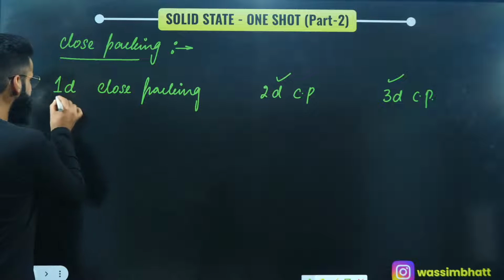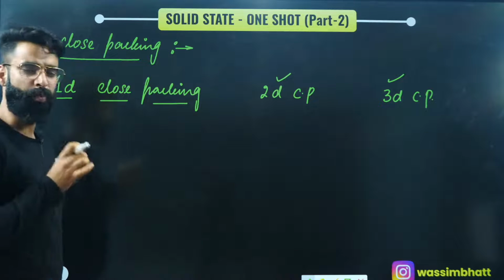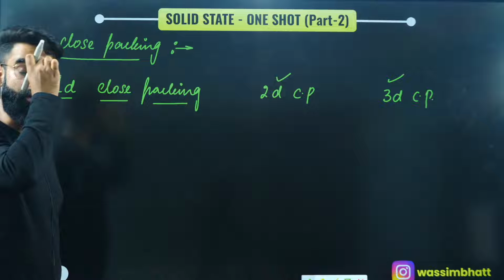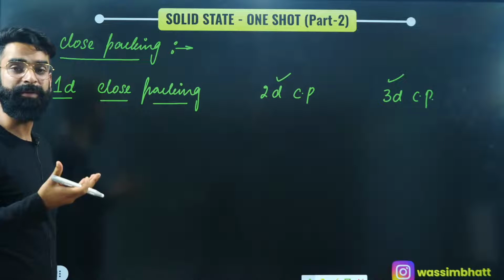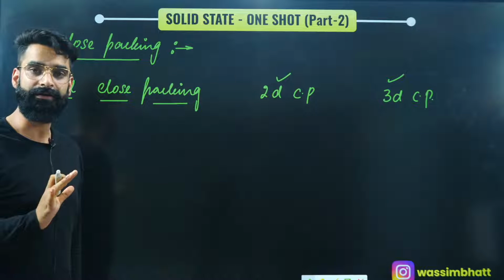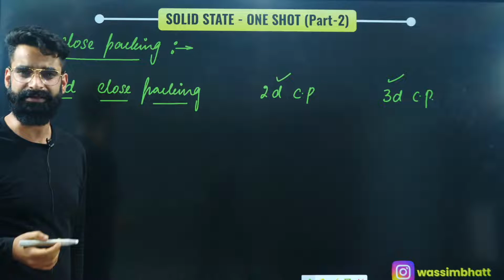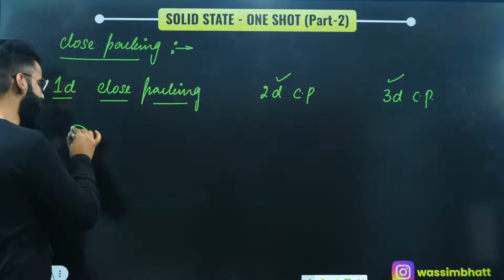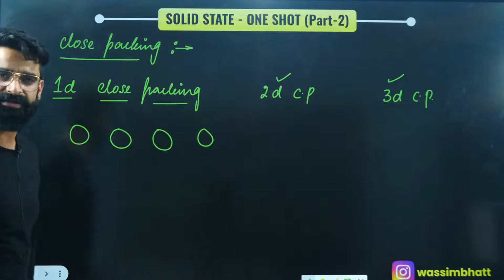See, 1D close packing is very simple. In this one-dimensional close packing of constituent particles in the solid, we arrange the constituent particles along a line, either along x-axis or y-axis or z-axis, right? Let's say these are the constituent particles of the solid.